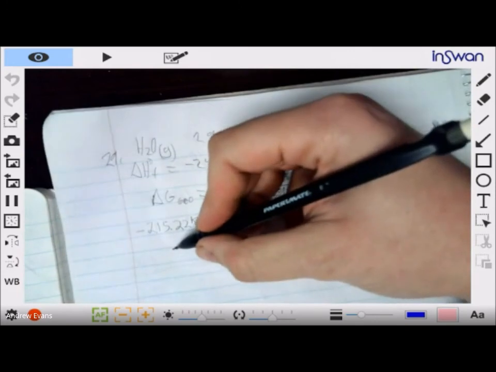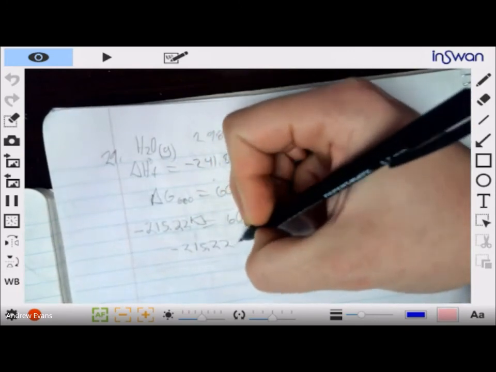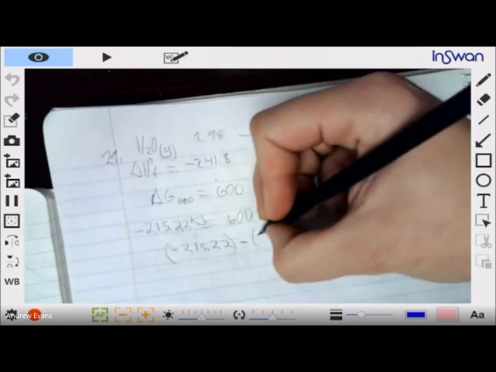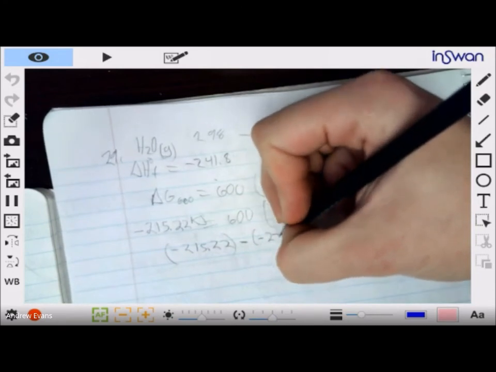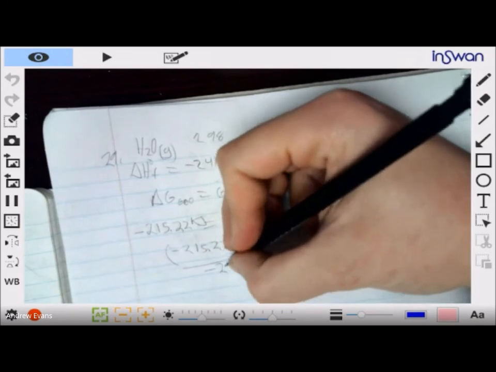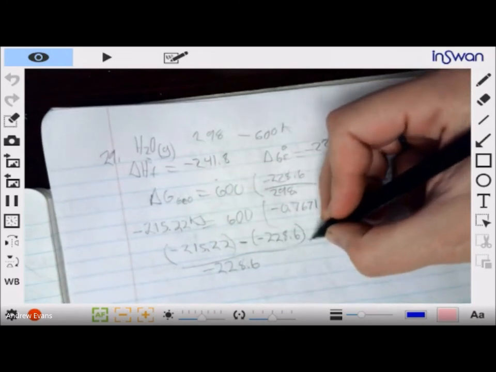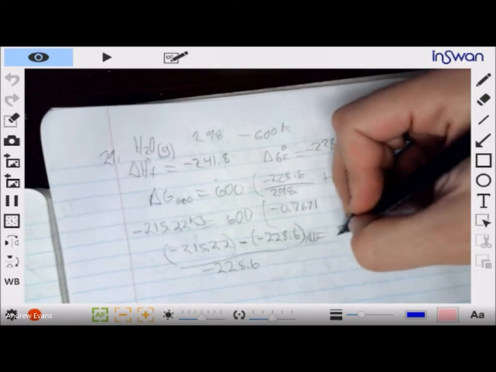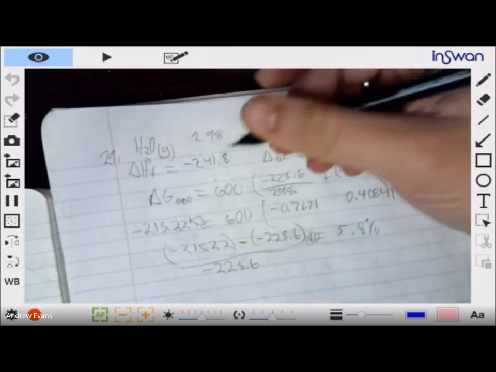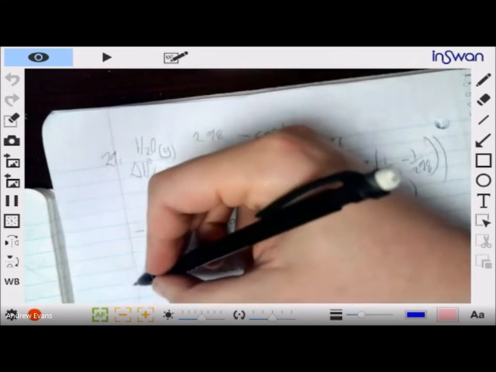So to do that, you're going to take your current one minus your original one, 28.6, and then we can divide by our original one. And then times by 100 to get percent change. So it's dropped by 5.8%. Not a huge drop, but we are dealing with engineering situations.